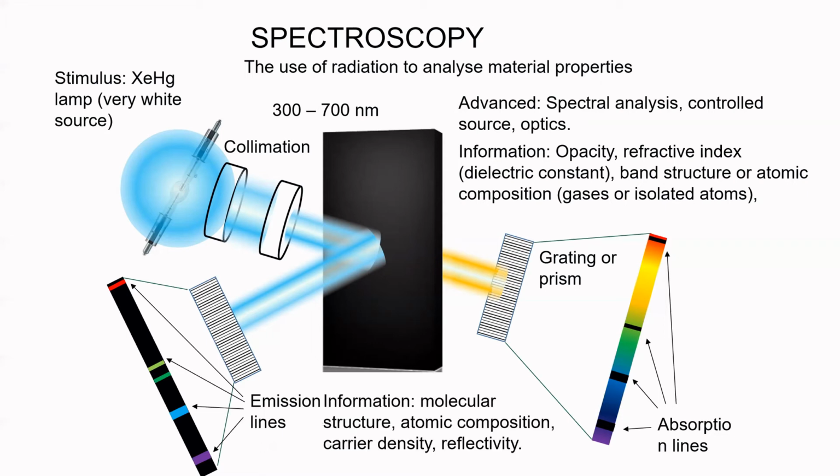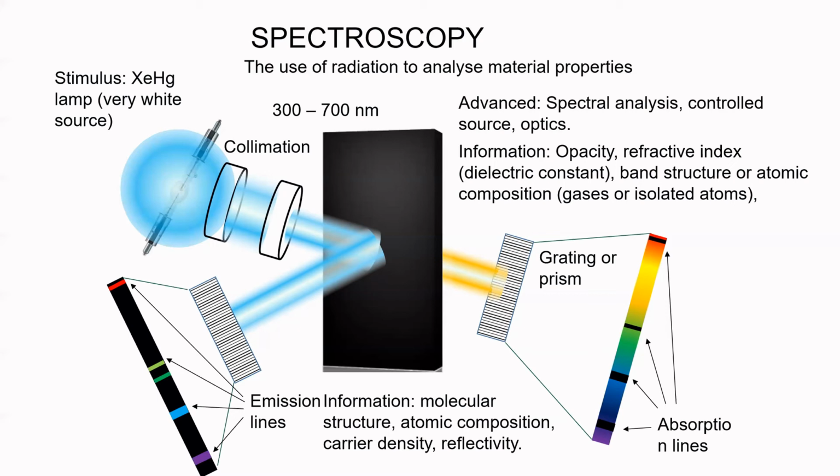So putting this all together, if we're looking at the transmitted light, then you're looking at things like capacity, things like refractive index, which tells you about the dielectric constant. You're possibly looking at the band structure, or, particularly in the case of gases or isolated atoms, it's telling you about atomic composition.